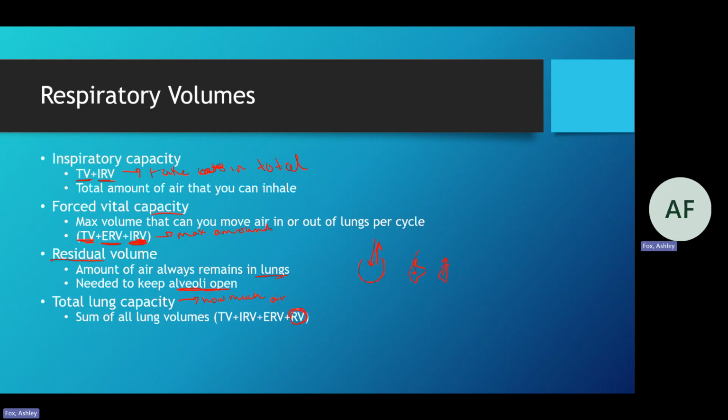So the air that remains in there gives you how much total air is possible that you could potentially move. Even though you're not moving your residual volume, total lung capacity is not really clinical because it's hard to tell how much air is staying in. But if we add that, that's the lung capacity, how much air can be in the lungs or out of the lungs at one time.